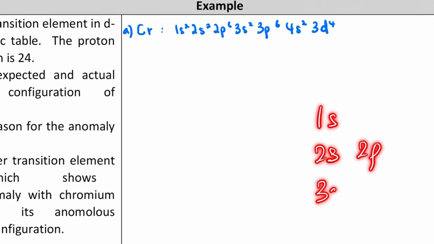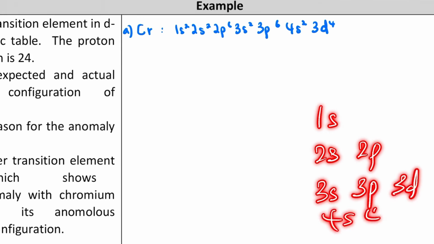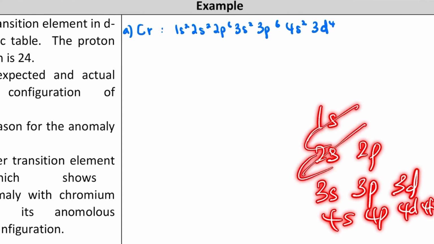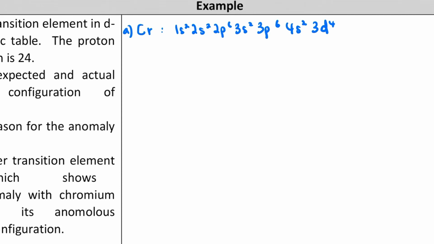After 1s is 2s, after that 2p, and then 3s, 3p, 3d. Follow this according to the Aufbau diagram. Okay. Alright. So if you don't remember, you have to write it out. Alright. This one, since we just follow the Aufbau principle entirely, this is the expected electronic configuration, the one we predict. Or the predicted one. Okay.